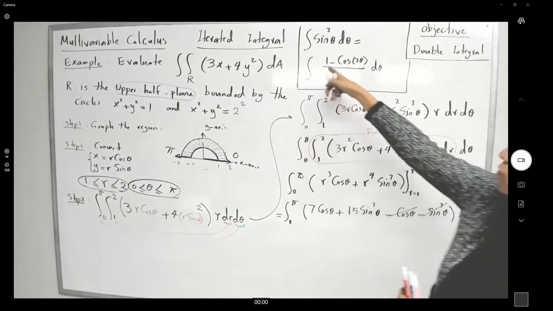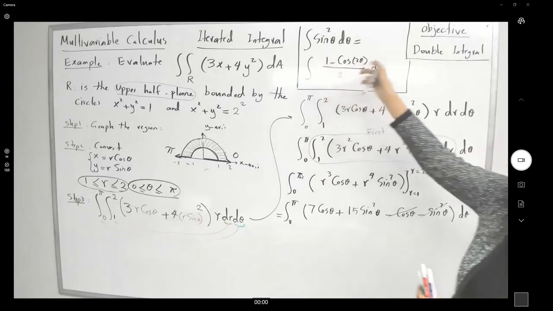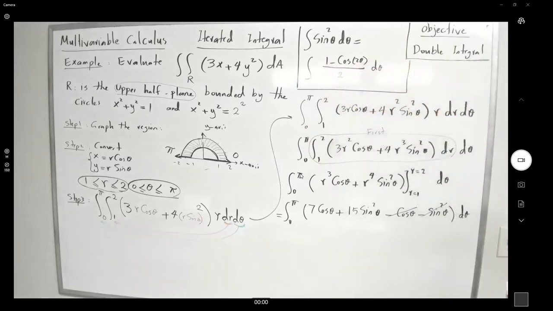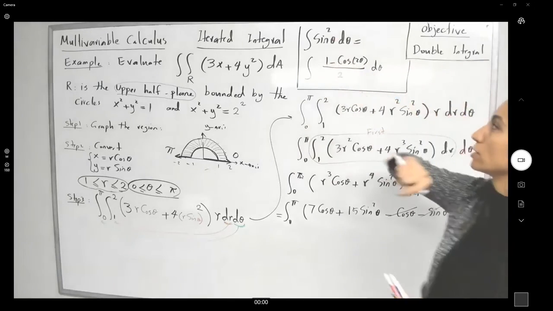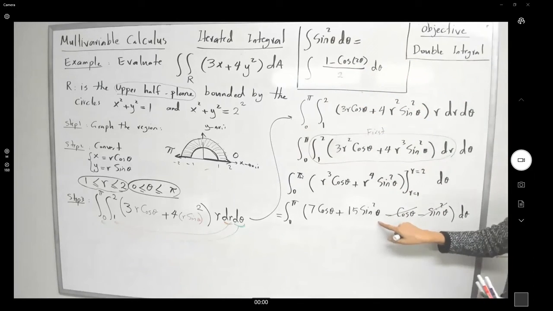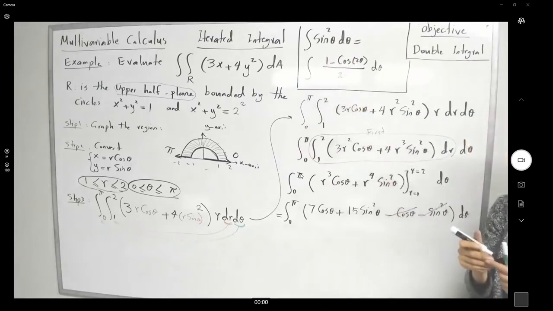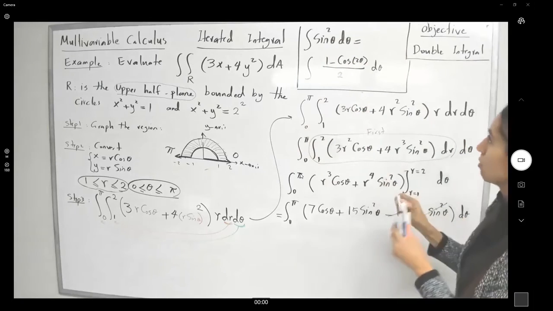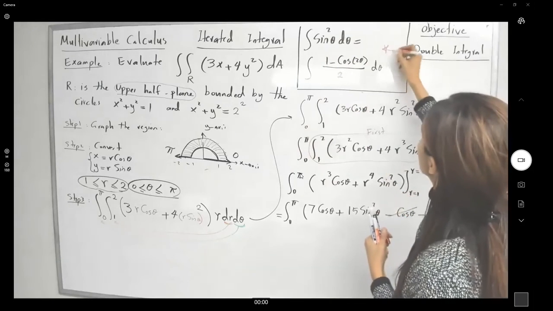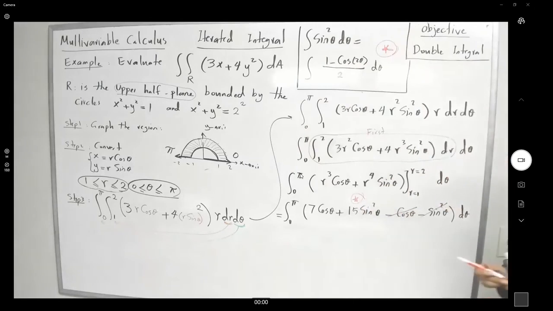So for this integral, we have to write it as 1 minus cosine 2 theta first. So let me just put a star here and put 1 star here for you.